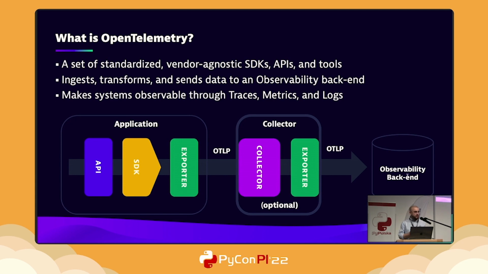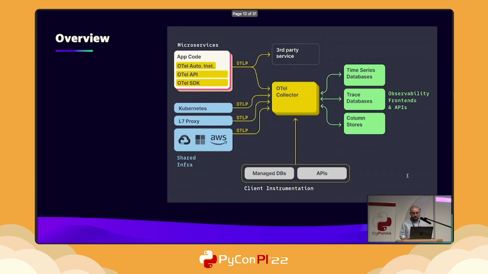And at the end, it ends up in some kind of backend where you store these traces. Like in AWS, you have X-Ray, you have Zipkin, Jaeger, so many different options. I also have this diagram which shows you an overview, like many different parts of the system can be traced, and they all end up in the collector. So OTel is short for OpenTelemetry.